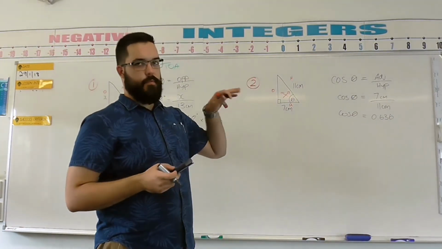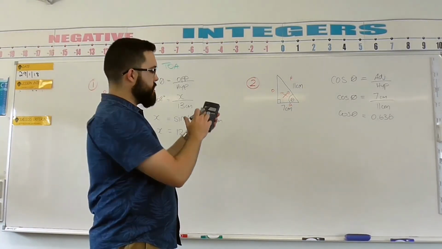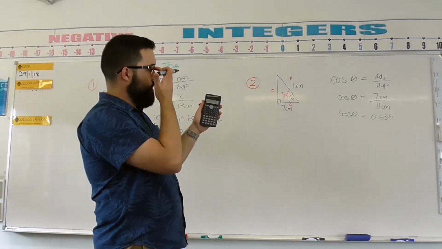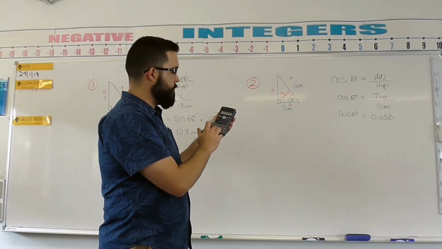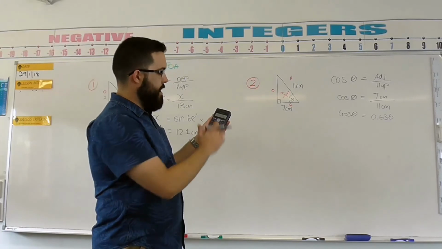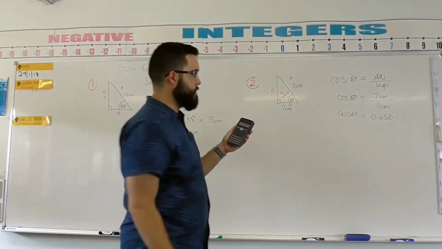Now, that's a decimal. That's not going to help us with angles. What we need to do is find the inverse cos. So if I press Shift cos, you'll see a little -1 at the top. That means we're going from decimal to an angle. And I put in 0.636 and hit equals. We have 50.5 degrees.